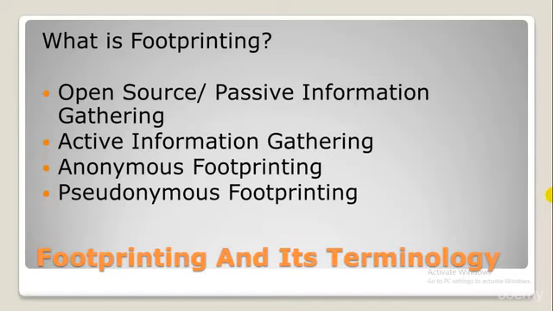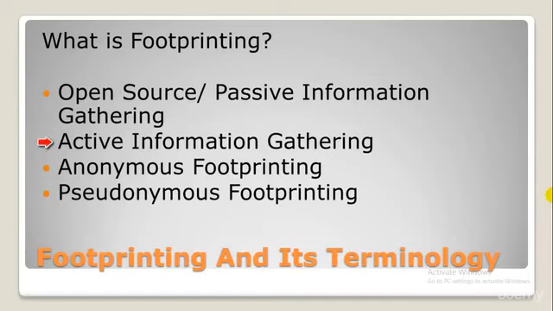Using these, you can gather information such as network boundaries, as to where they are actually located, their geolocation, IP addresses reachable via the internet, operating systems and web servers used by the target network, TCP and UDP services in each system which are open and which are not, control mechanisms, system architectures, intrusion detection systems, and many more. That is what is included in open source and passive information gathering.